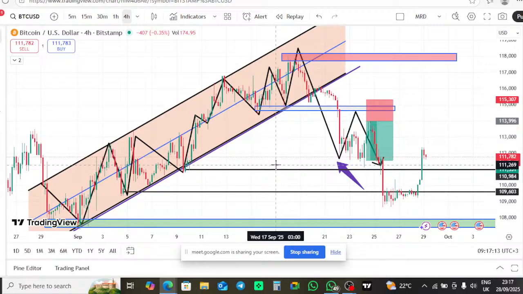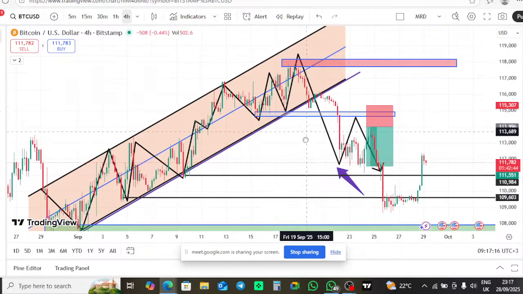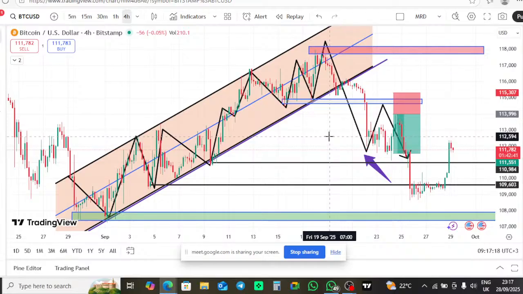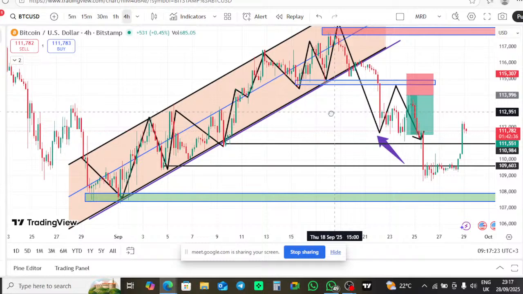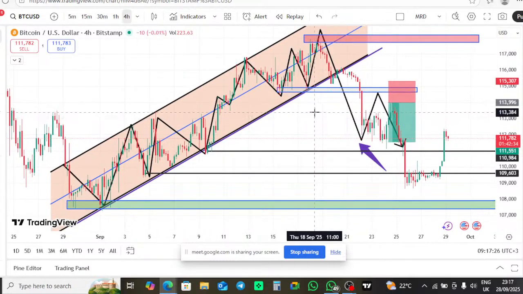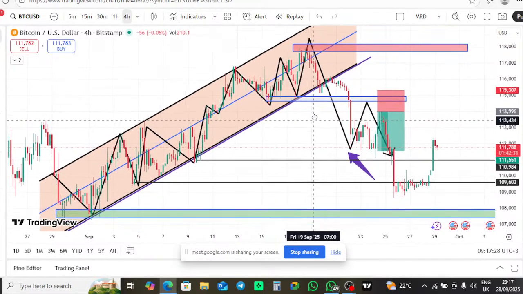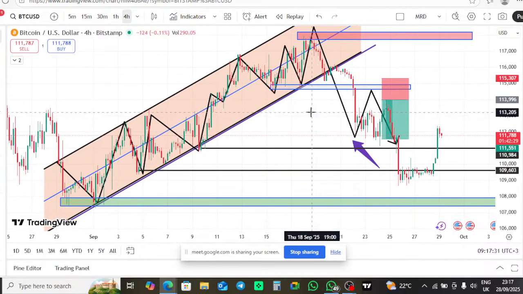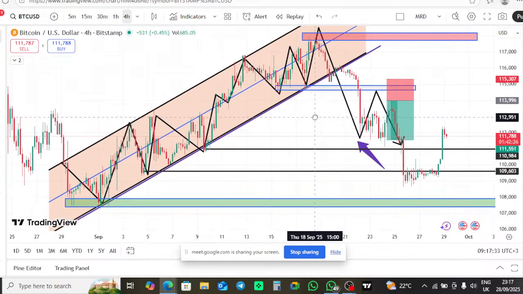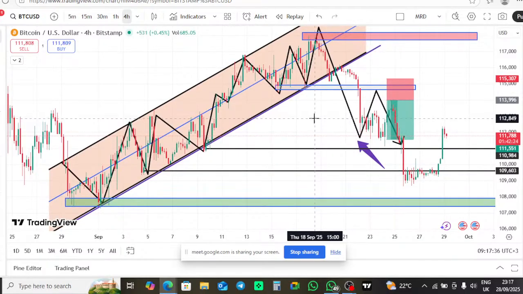Okay, there we go. Now this is Bitcoin, and like I told you before, we must first know where Bitcoin is going before we concentrate on market analysis. Are we together? Because even though you draw your supports and resistances, when the market is dropping, mostly when Bitcoin is dropping, you are doing nothing. I want you to put it in mind.